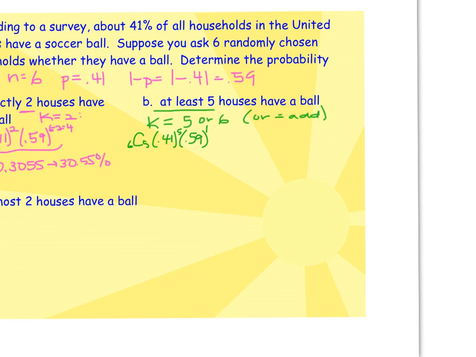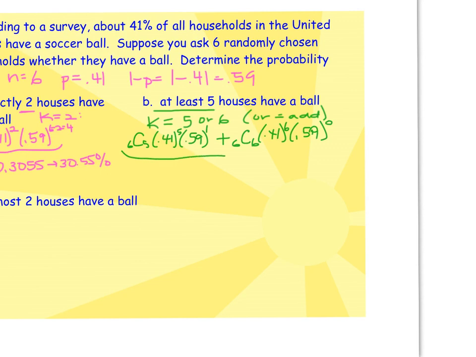And that would be the probability that exactly 5 houses say, yep, we have a soccer ball. But then there's "or," and "or" means we're going to add. What if all 6 houses say, yep, we have one? That would be 6C6 times 0.41 to the 6th power times 0.59 to the 6 minus 6, that's the 0 power.